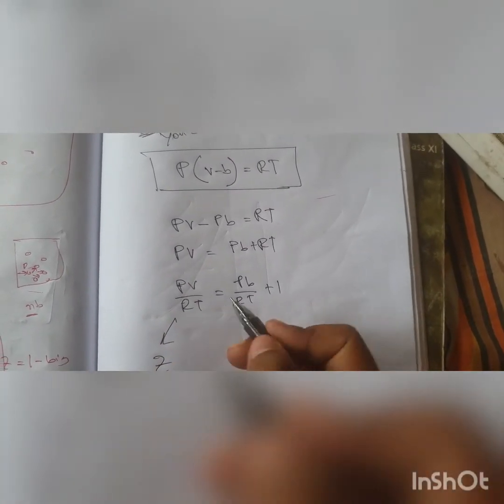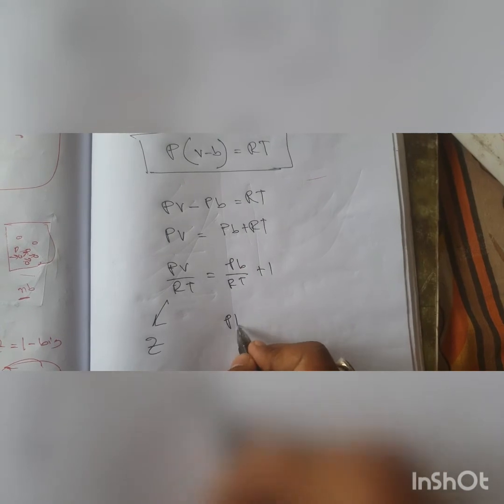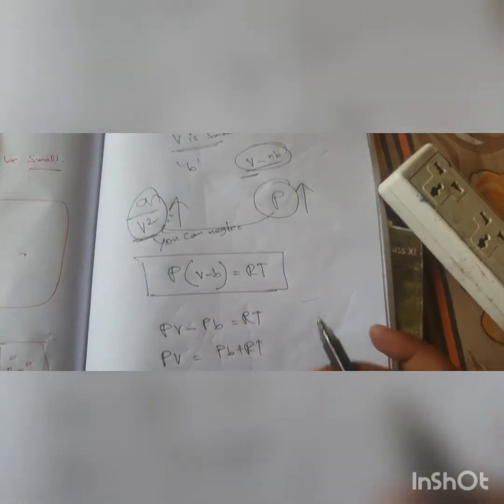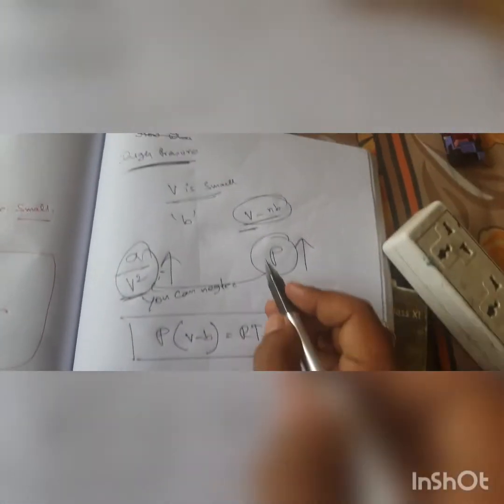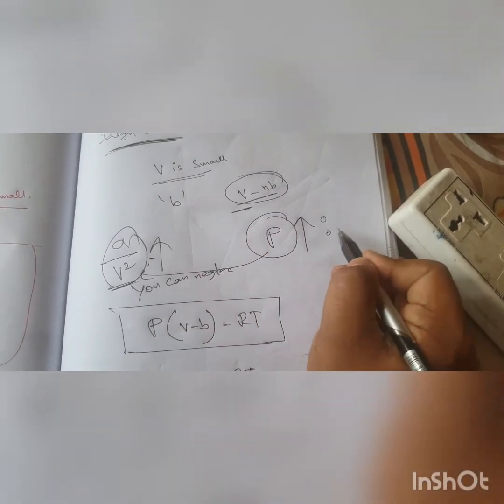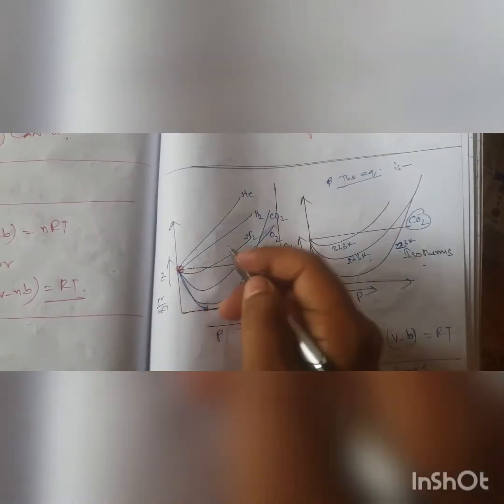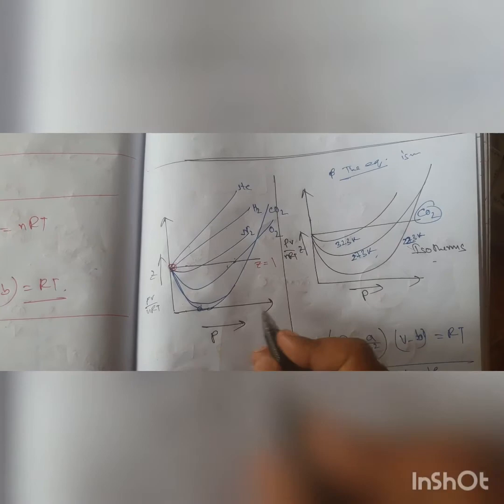If I divide both sides by RT, PV by RT is PB by RT plus 1. So if I consider PV by RT, or nRT for 1 mole of gas, to be Z, then Z will always come greater than 1. I told you that Z is greater than 1 only when you have to consider the volume of the molecules. Now it is proved, so it is justified.